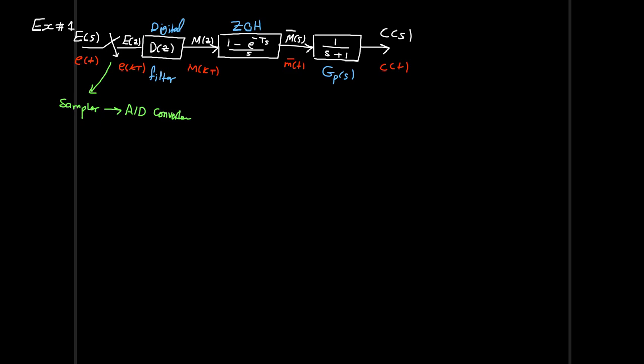Here we can assume that the sampling period is T. Now this is the zero order hold, and as we said before, it is a representation for the digital to analog converter.